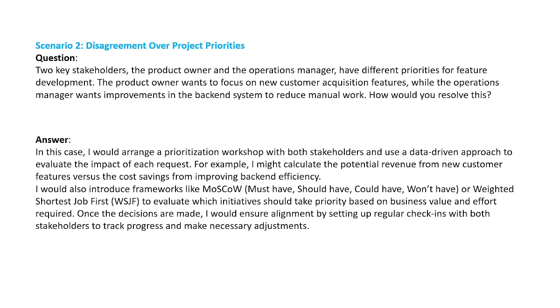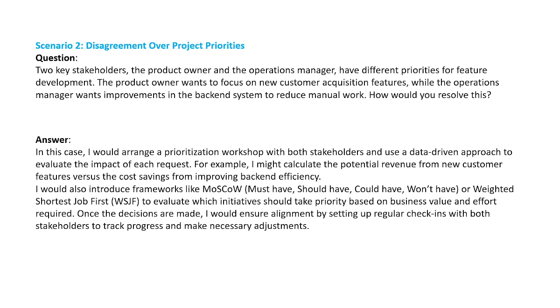Answer. In this case, I would arrange a prioritization workshop with both stakeholders and use a data-driven approach to evaluate the impact of each request. For example, I might calculate the potential revenue from new customer features versus the cost savings from improving backend efficiency.